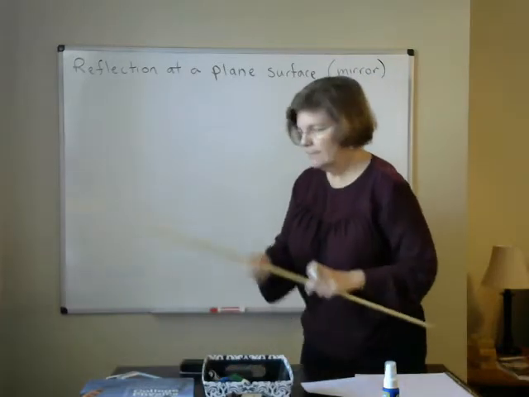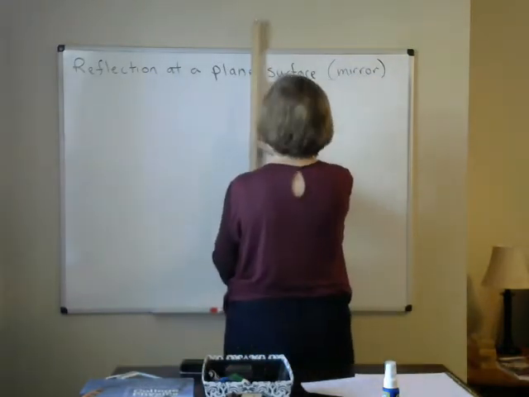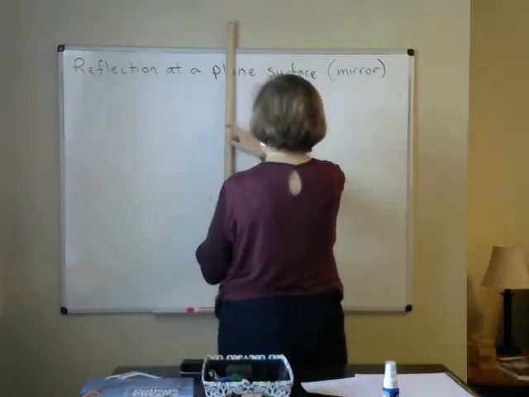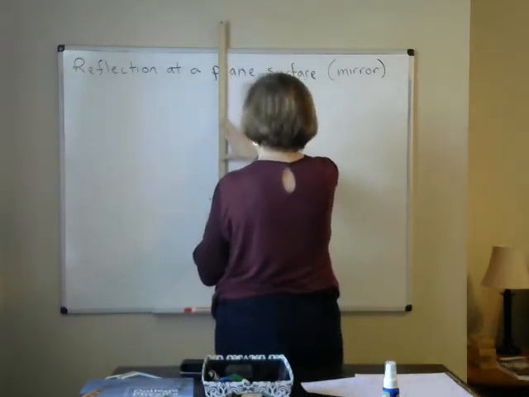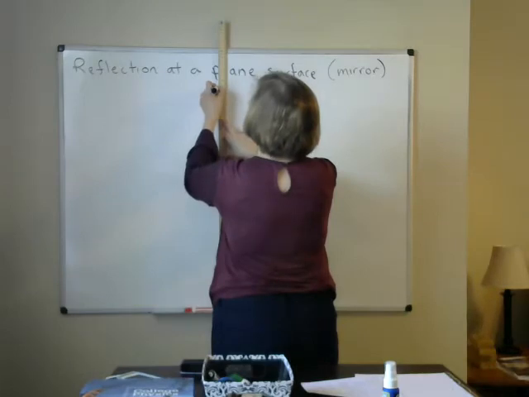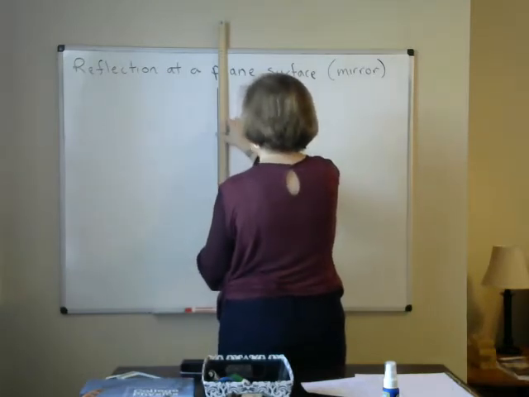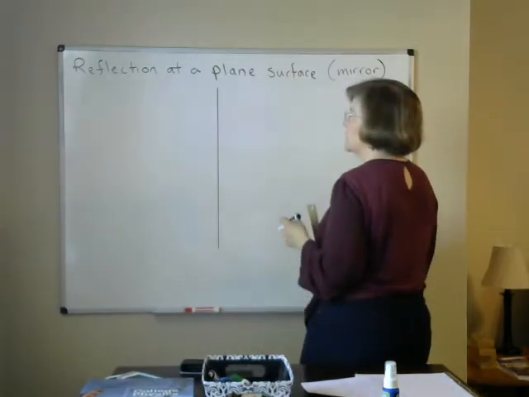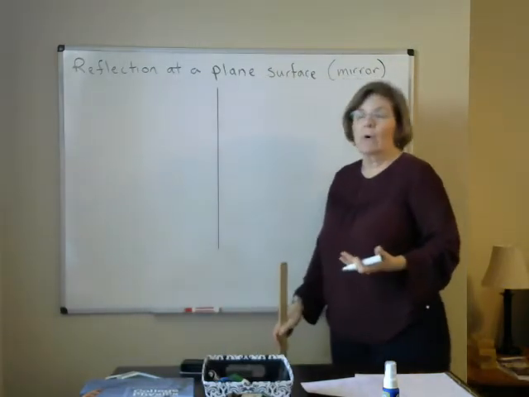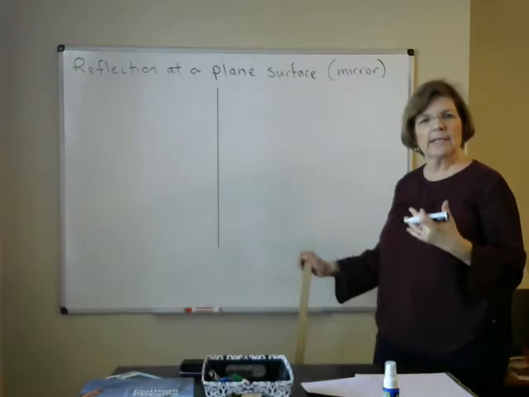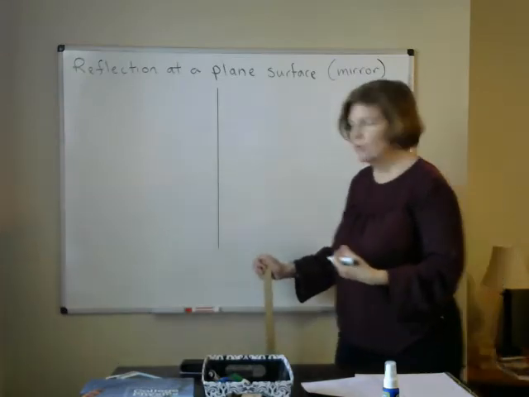I try to make my diagrams pretty good, so I found my meter stick. There's my mirror. Okay. With a flat mirror, usually, well, always, one of the sides is the side of the incoming light, and the other side is actually dark.